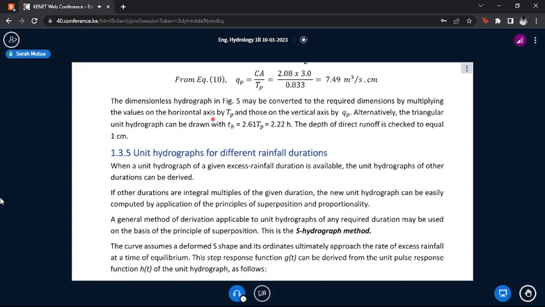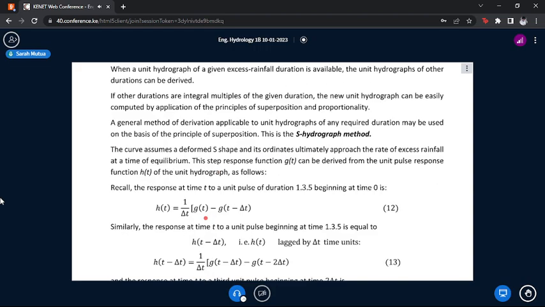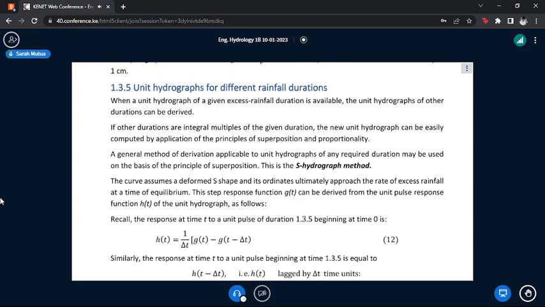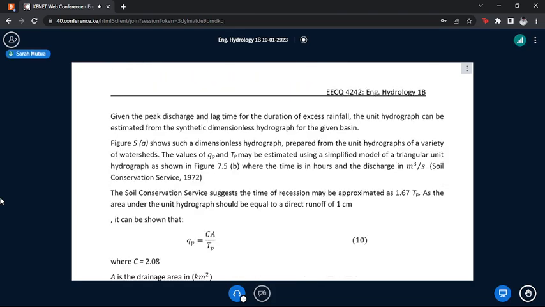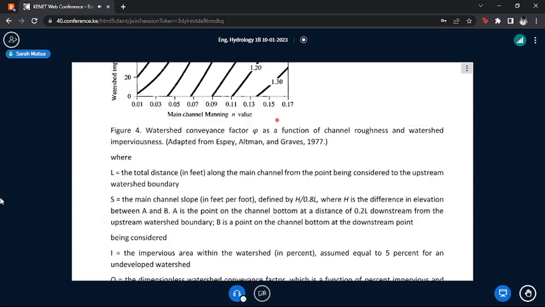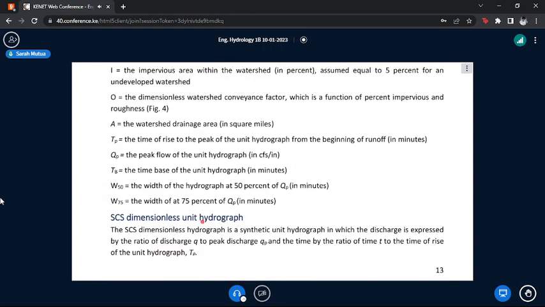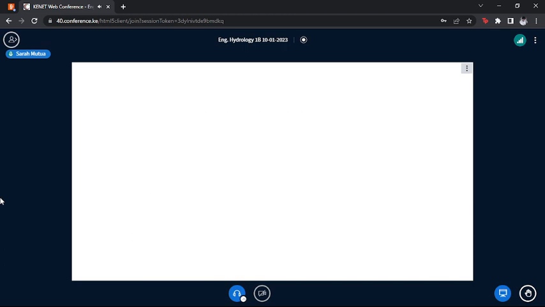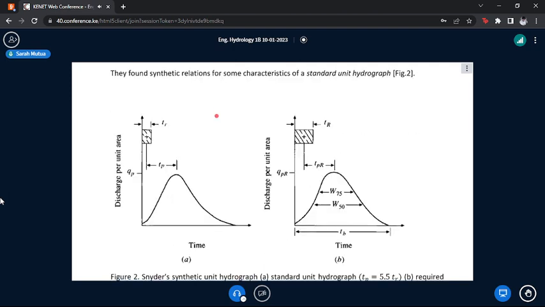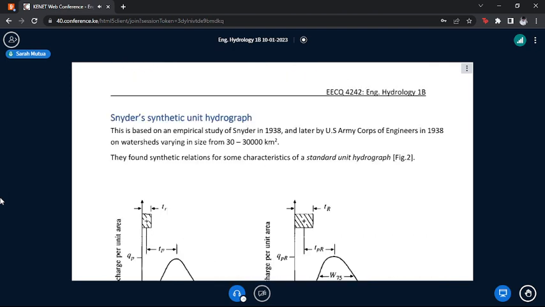It should be back a little bit. The SCS dimensionless unit hydrograph. So that is what we look at. Only those two are the types of synthetic unit hydrographs that we are going to look at.